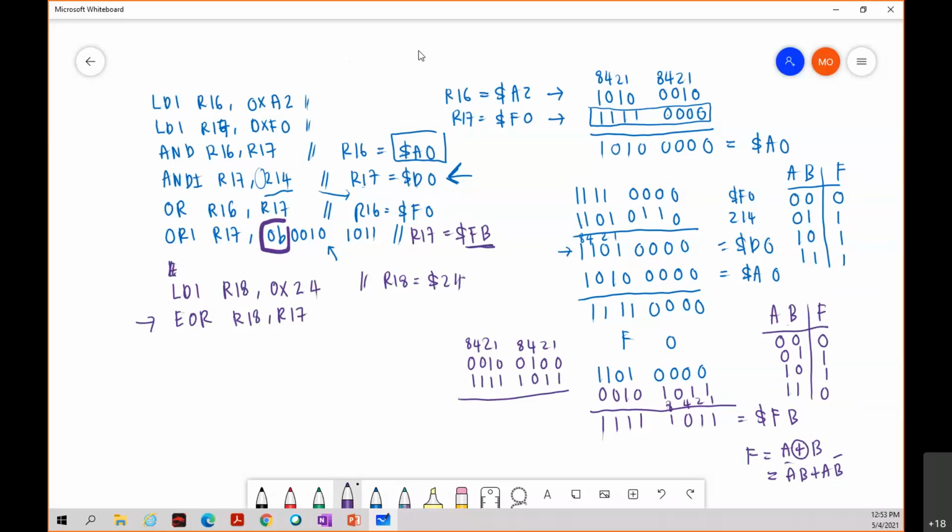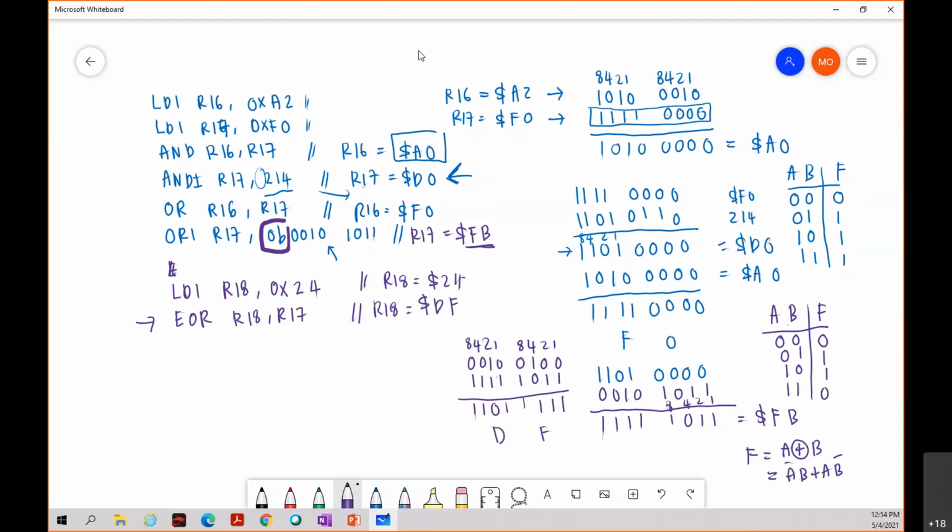So 0, 1 you get 1. 0, 1 is 1. 1, 0 is also 1. 1, 0 is 1. 1, 0 is 1. What about 1, 1? 1, 1 we get 0. And this is a 1 and 1. So R18 will now have a new value: 8 plus 4 is 12, 12 plus 1 is 13, and 13 is D. So the final value of your R18 is DF.